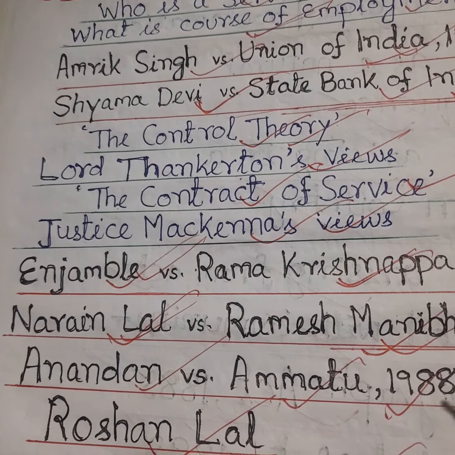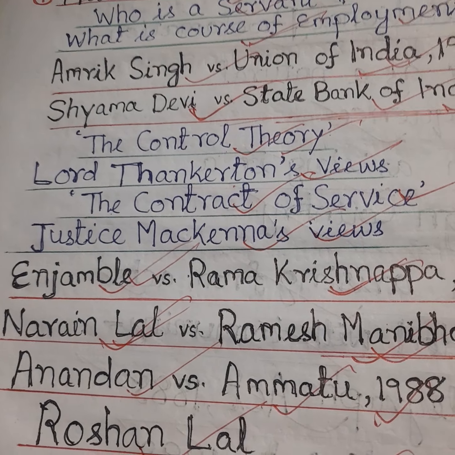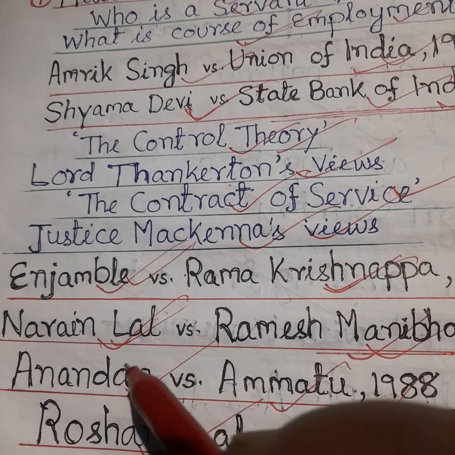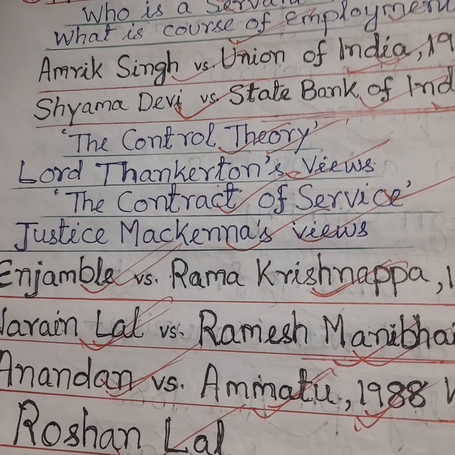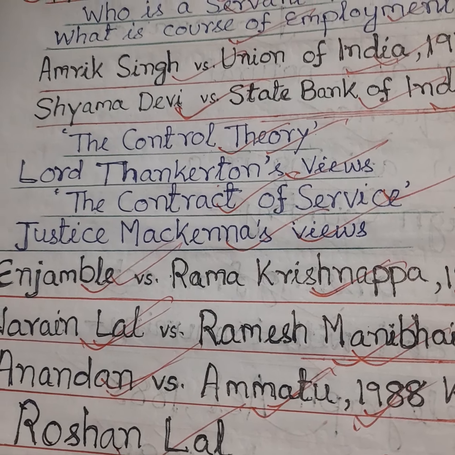And in another important leading case, Anandan versus Amat Tu in 1988, the Kerala High Court made the following observations: if the owner of a car entrusts it to a workshop for repairs, it naturally infers a test driving permission by the owner of the car.